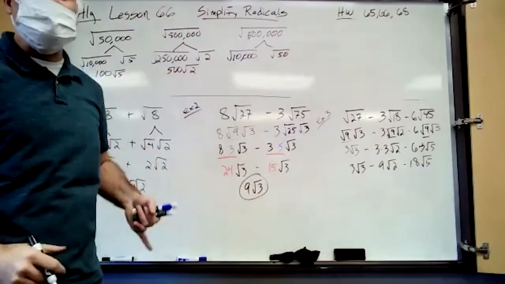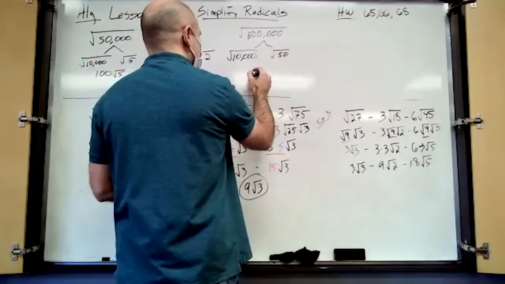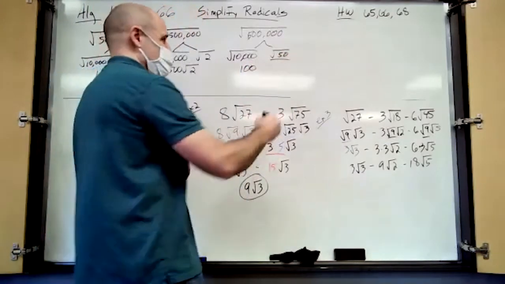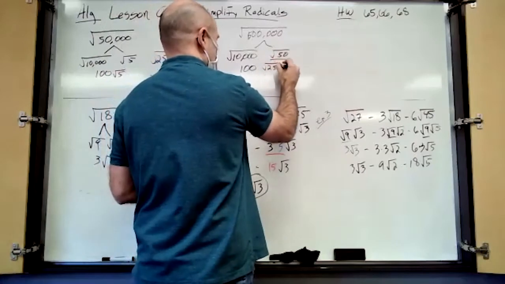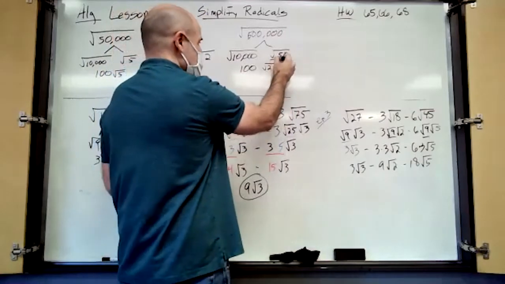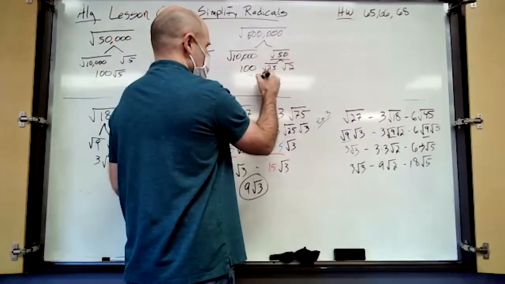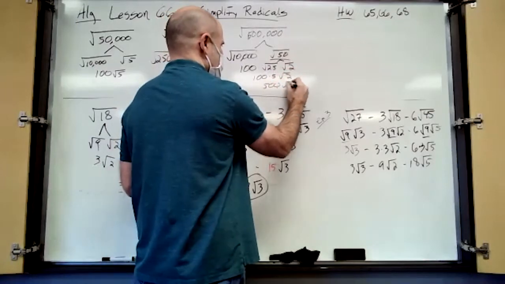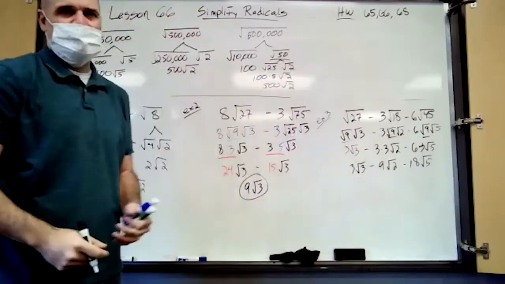What's the square root of 10,000? 100, but look at this. What's the square root of 50? Right? So then it just takes multiple steps. So this is 100 times 5. So this is 500 radical 2. Same answer, just more steps.